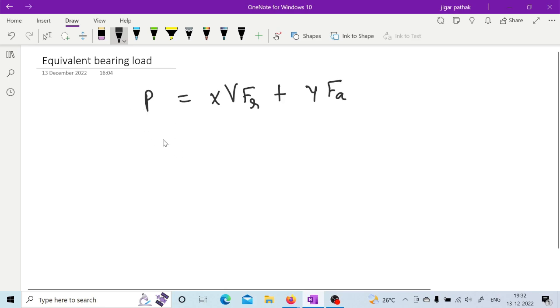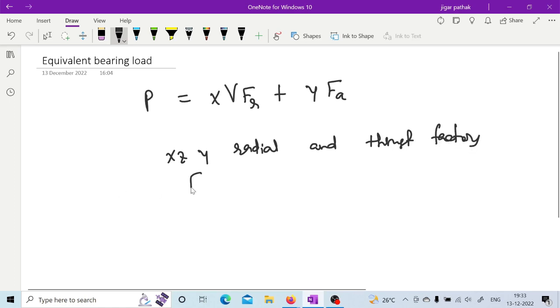X and Y are radial and thrust factors, while Fr is the radial load and Fa is the axial load, while V is the race rotation factor.